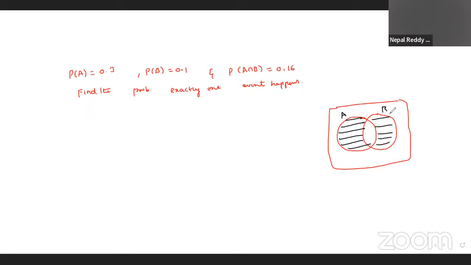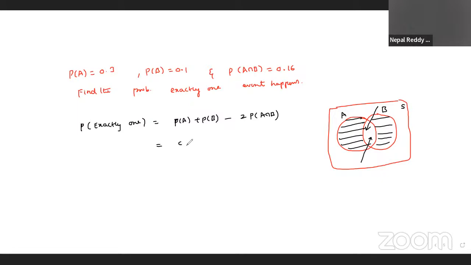Therefore, probability of exactly one event is probability of A plus probability of B, from which you have to remove 2 times probability of A intersection B. Probability of A has the intersection once, and probability of B has the intersection another time, so we have to neglect 2 times the A intersection B part.